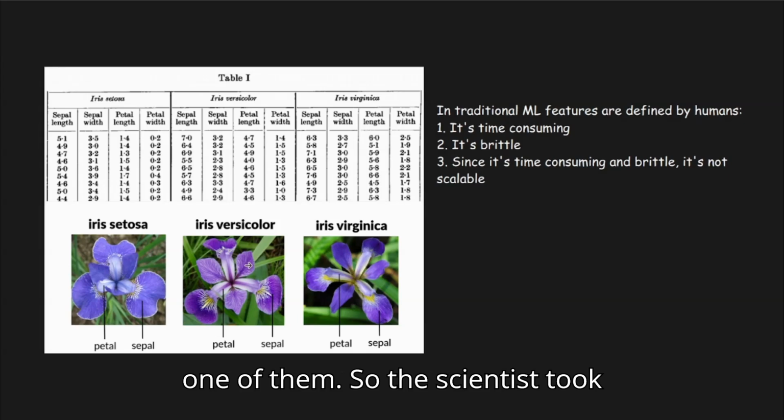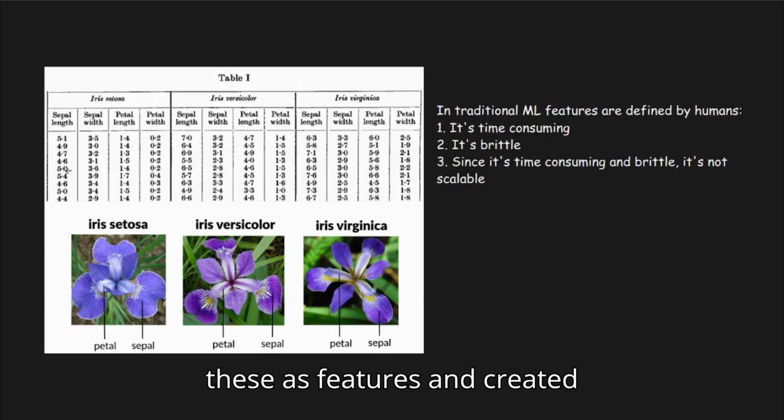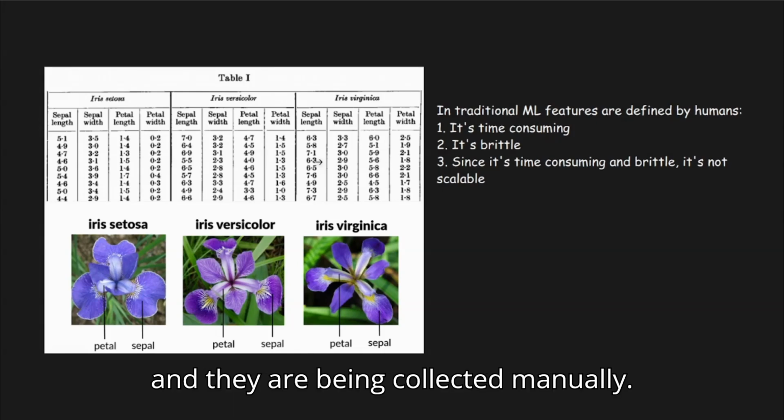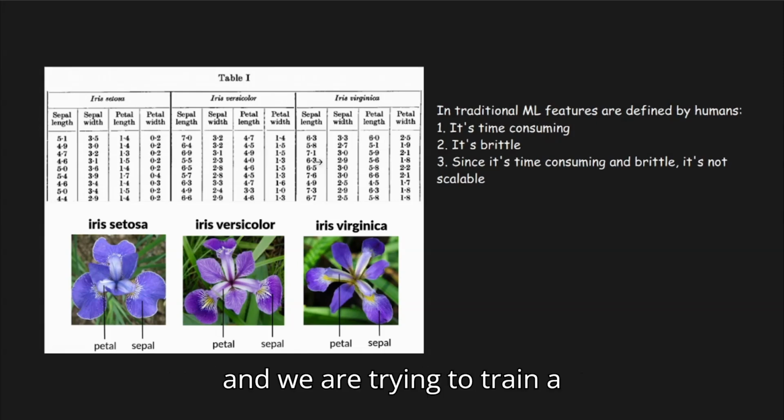So the scientists took these as features and created this dataset. The features are chosen and collected manually, and we are trying to train a model upon them.